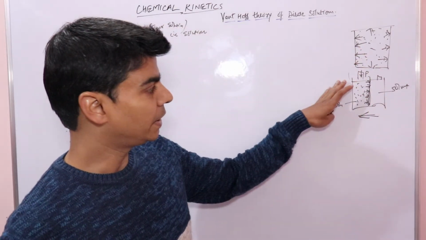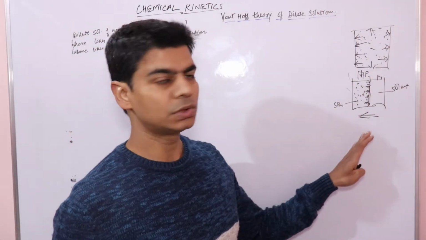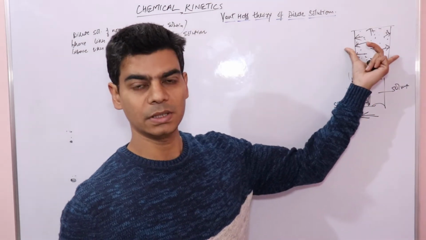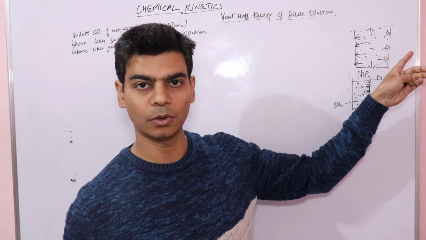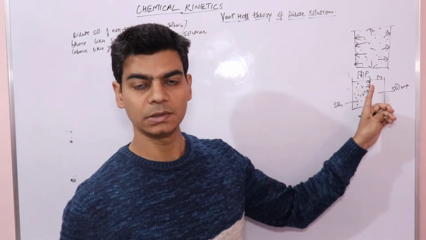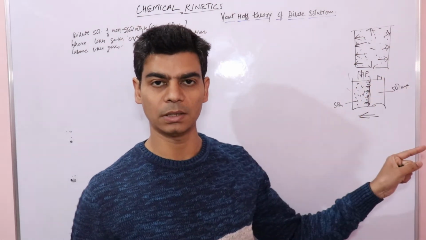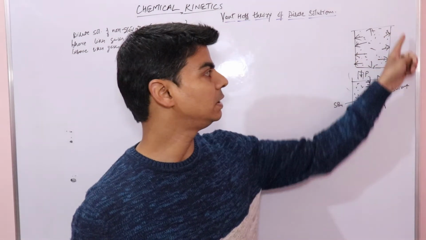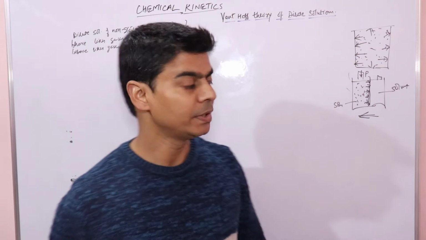So in this way, these solutions behave the same as gases. Pressure here is due to bombardment of gas molecules, here pressure is due to the bombardment of solute particles. So solute particles are behaving in a similar way like gases here, right?